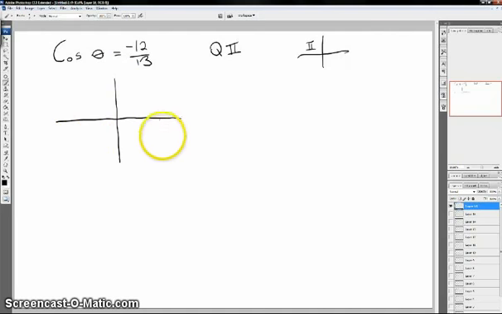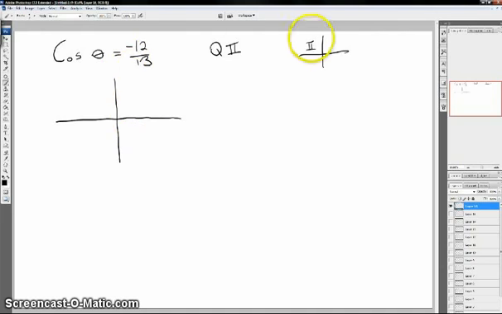If I were to graph this out, cosine is going to be the adjacent over the hypotenuse. So I know that I have a hypotenuse of 13.